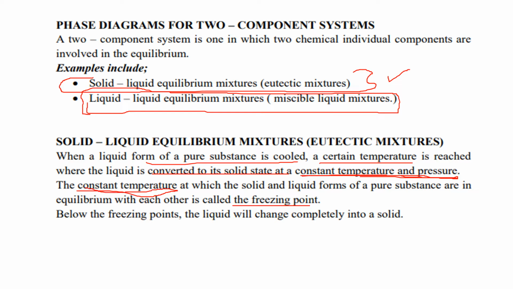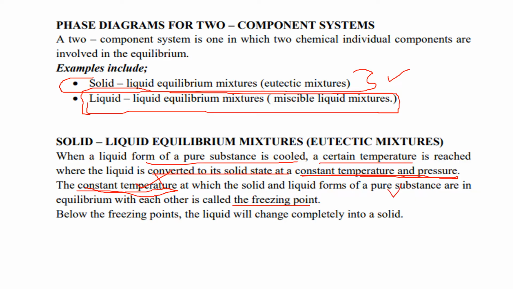So you are saying that the freezing point is a constant temperature at which the solid and liquid forms of a pure substance coexist in equilibrium. So make sure that you remember that definition. The marking points are going to be the constant temperature.